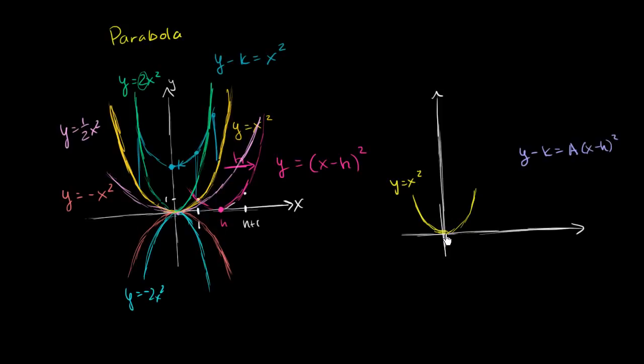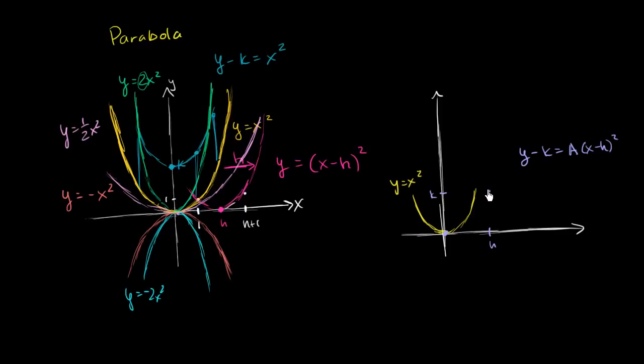Instead of the vertex being at 0, 0, the vertex, or the minimum or maximum point, the extreme point in the parabola, would be the maximum point for a downward opening parabola, a minimum point for an upward opening parabola. That's going to be shifted by h to the right, and k up, so its vertex is going to be right over here, and then it's going to be scaled by a.